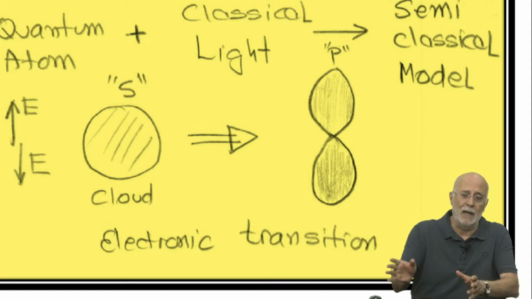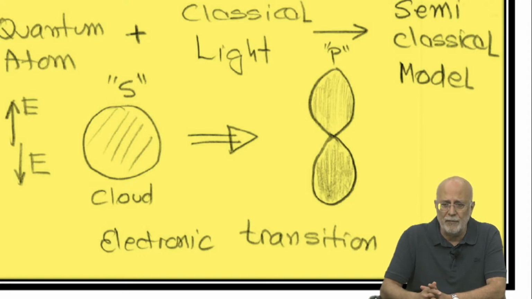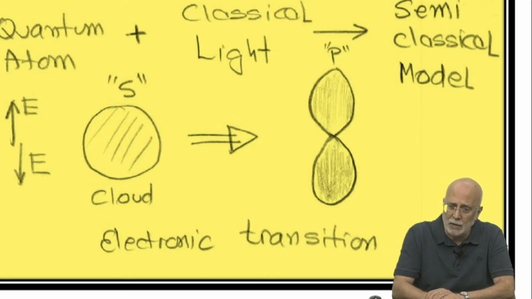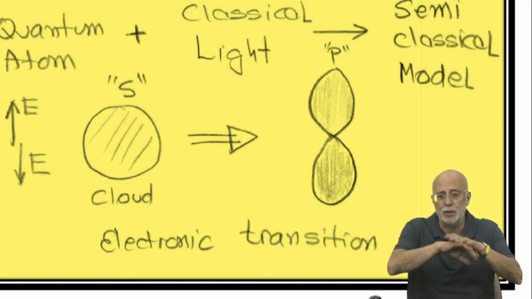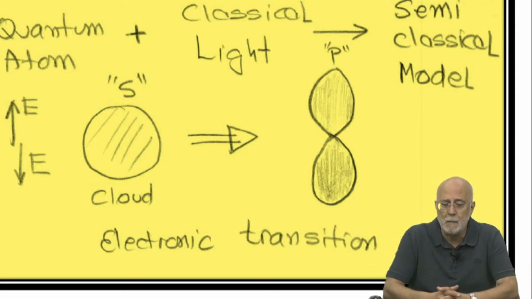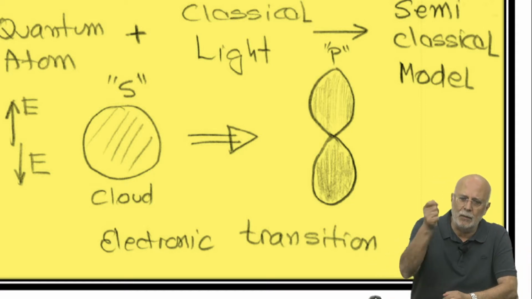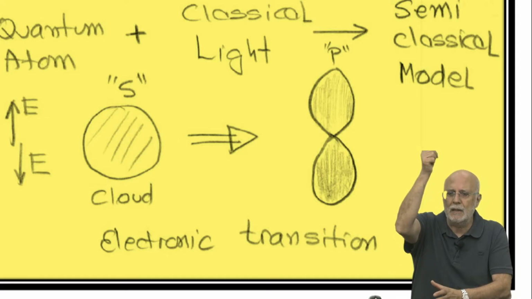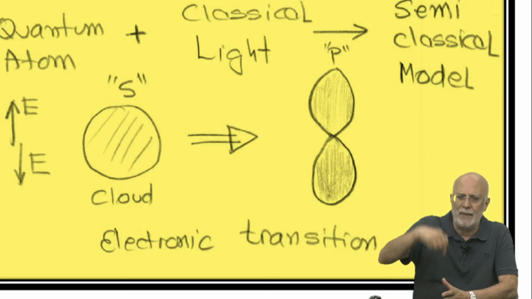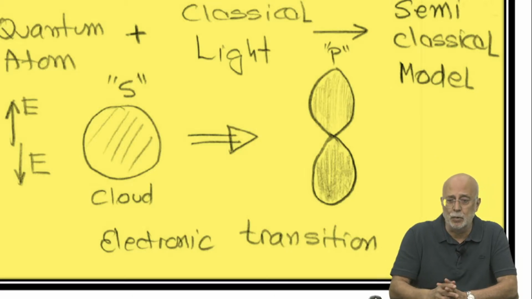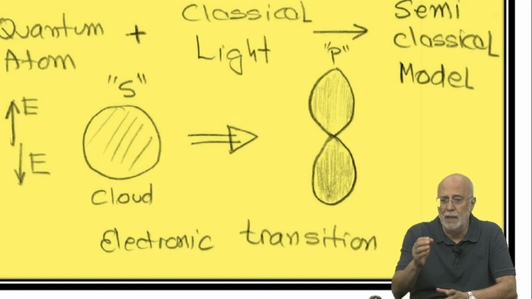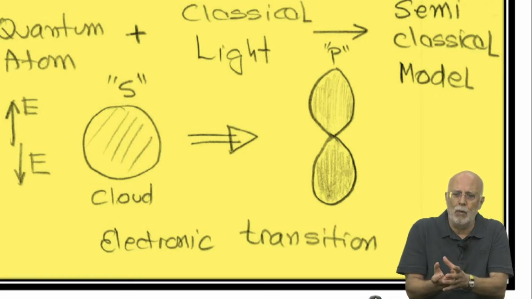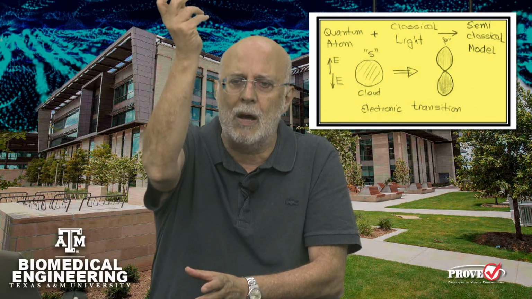So here, to simplify, I'm putting the S orbital, which is a sphere of charge, not homogeneous, there is more charge in the center and then it decays. And then when the electrical field of the light interacts with this, it may take the charges up and down. And that is easy to imagine that will be looking like a p orbital, because the field when it's down will make the electron cloud go up.